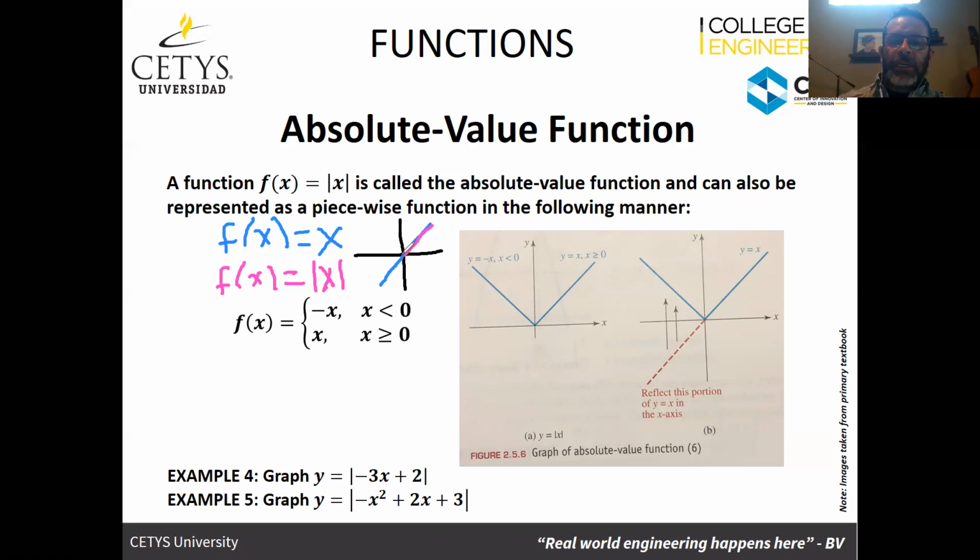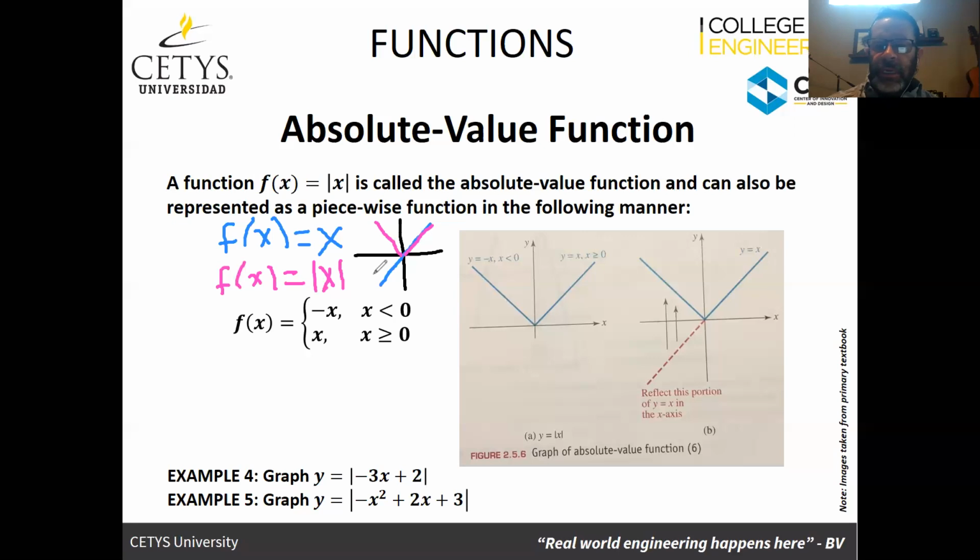What's going to change is the negative part. Everything that's negative is going to be reflected or put on the positive side. So whenever we have an absolute value of a function, we analyze the original or base function, and then anything that was below the x-axis, which is the negative y's, is automatically going to turn positive. Okay.